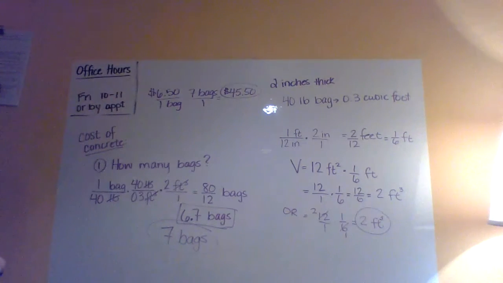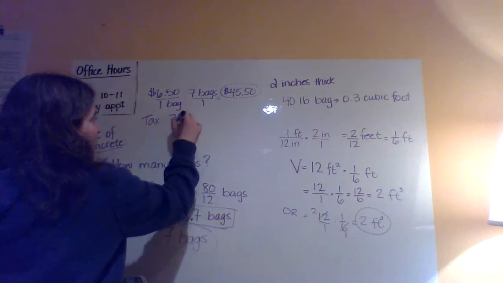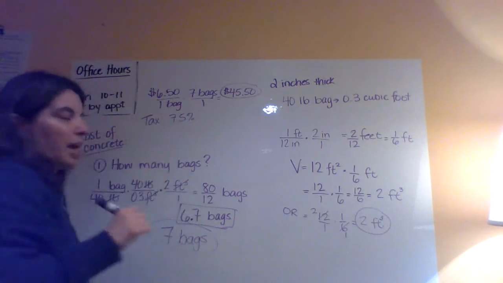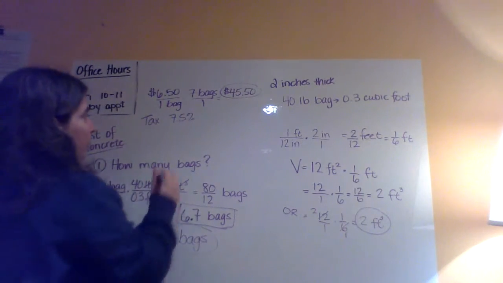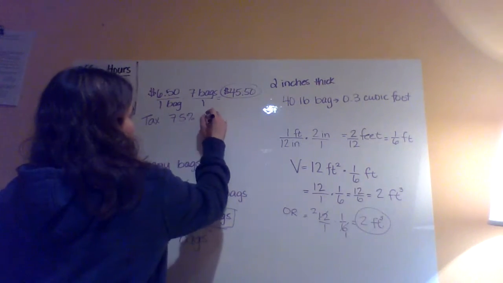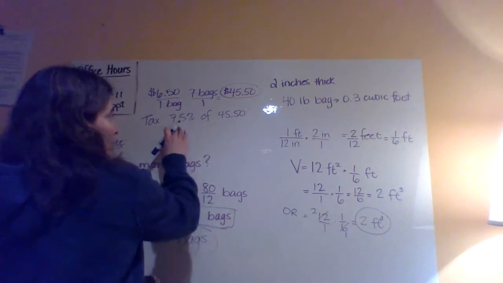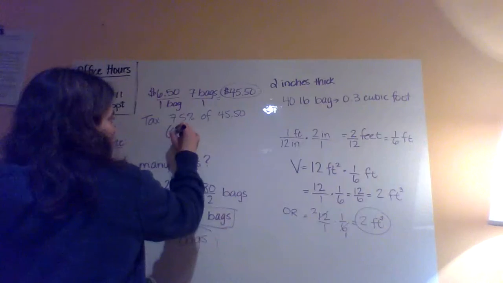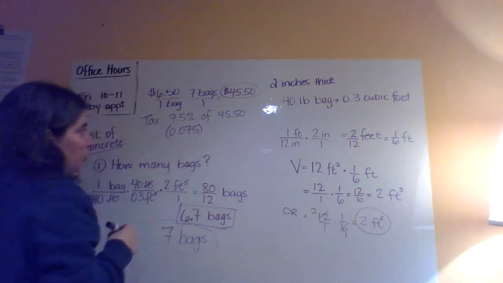Okay. Is that our final answer? Not quite. We also need to add in tax. Tax is 7.5%. Okay, think back. We've done this a million times this semester. Percentage of a number, right? Of means to multiply. We want to know what is 7.5% of 45.50. Change this to a decimal. Divide by 100. Move the decimal point over 2 spots.